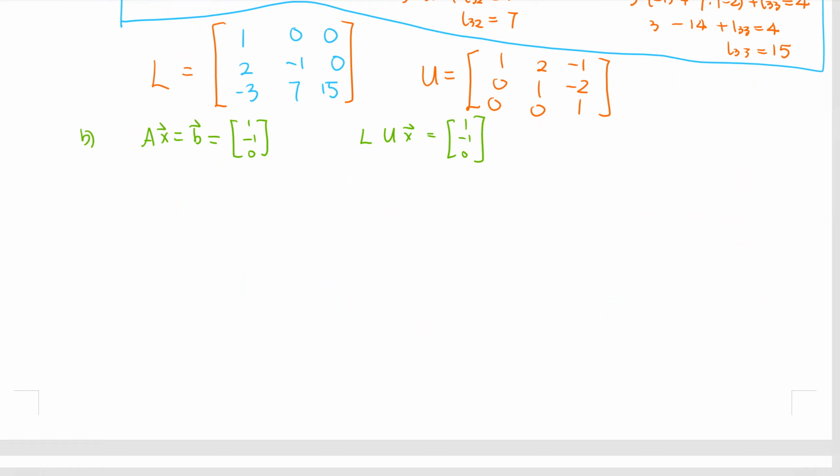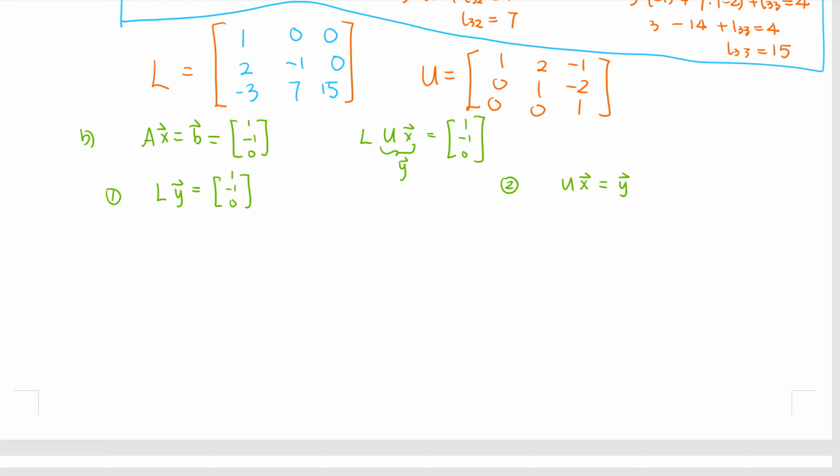Okay, so A is LU. So you can think of UX as Y. So the first step, we want to solve LY equals B. Okay, second step, after we solve for Y, we can solve UX equals Y. Okay, so let's look at the first one.